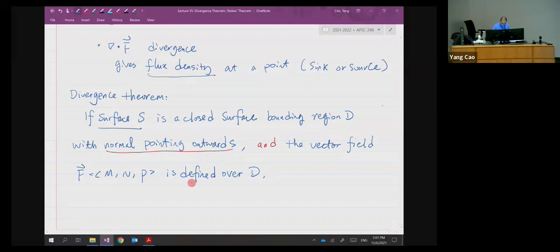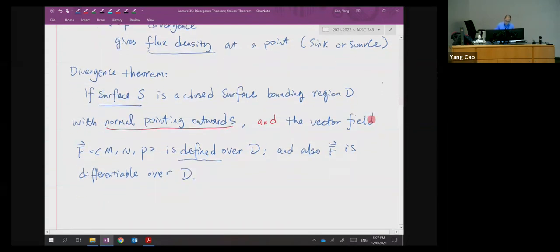That's what defined means. Also, this F is differentiable over this region D, because you'll see the formula involves partial derivatives, so it has to be able to give you a partial derivative. That's what differentiable means.